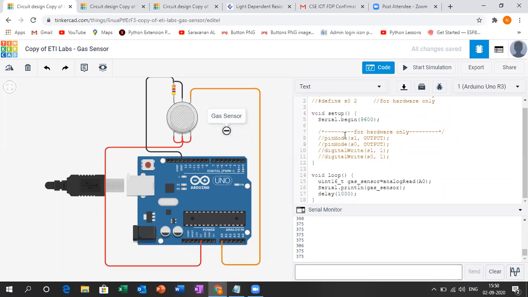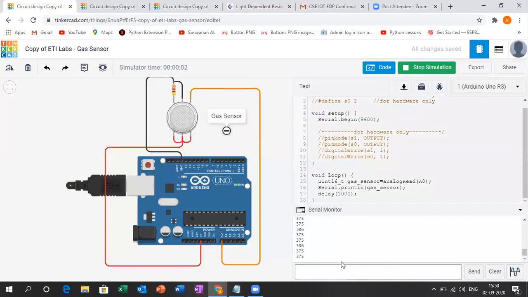After that, I start the simulation to explain how it works in Tinkercad. I just click start simulation, and you can see that a value is printing here, like 375.